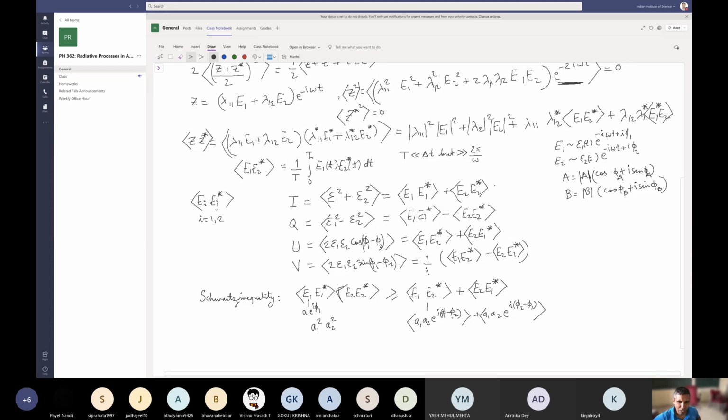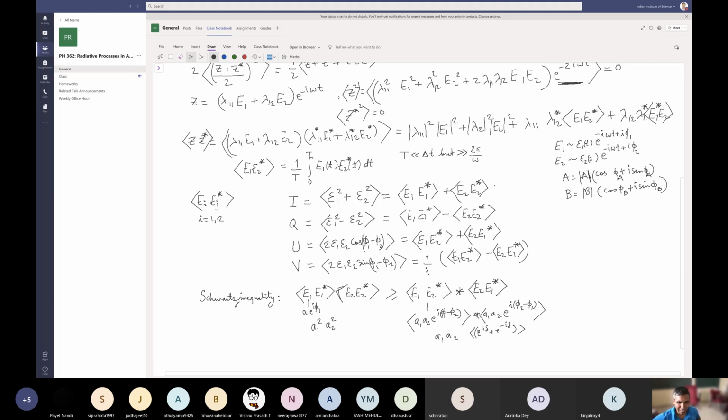Right, so if phi1 minus phi2 is constant, what does this become? Suppose A1 A2 is not time variable, and only the phases have time variation. So this is e to the i delta plus e to the minus i delta. Sir, is the left hand side addition or multiplication? Should be addition, no? No. Sorry, this is also multiplication. I'm sorry, yeah, both sides are multiplications.